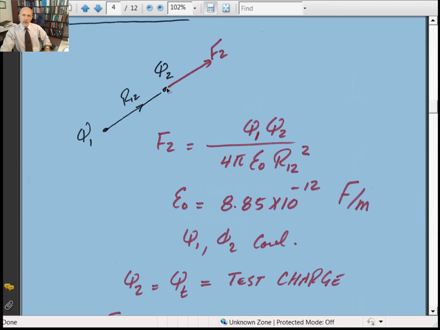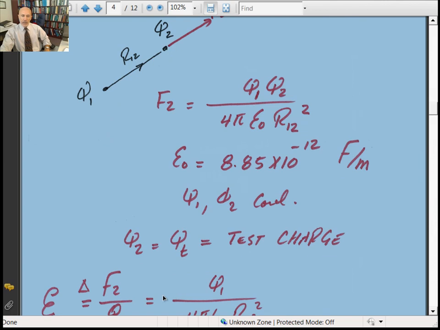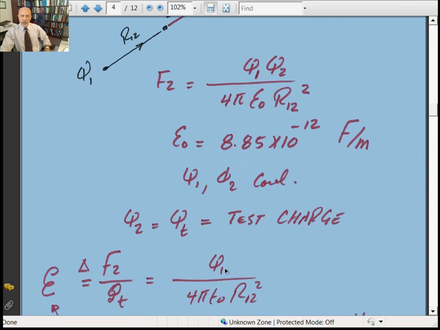Now, if I start moving the charge Q2 around, every place that you move it, there's an existent force, and so there's a field of force by moving the charge Q2. So if I let charge Q2 be the test charge, call it Q sub t, then if I look at this equation and divide it by Q2, or Q sub t in this case, you end up with Q1 over 4 pi epsilon sub 0 times R12 quantity squared.